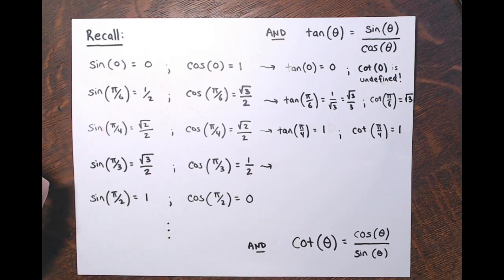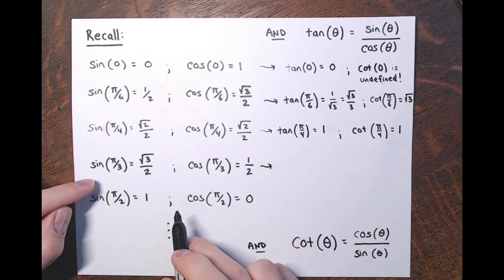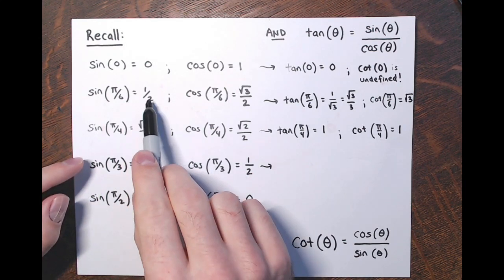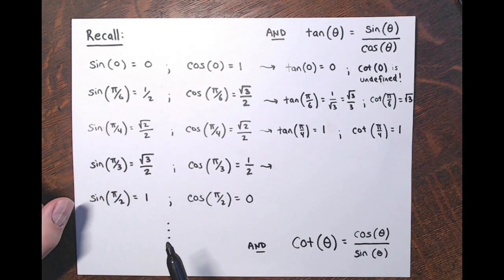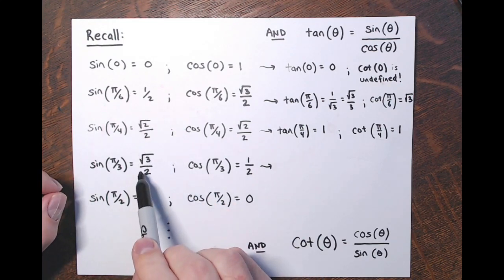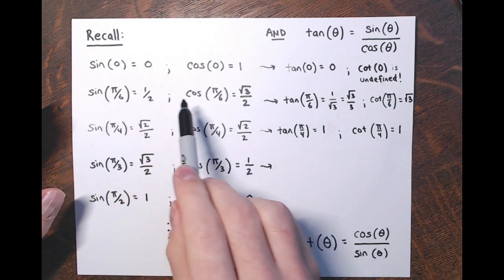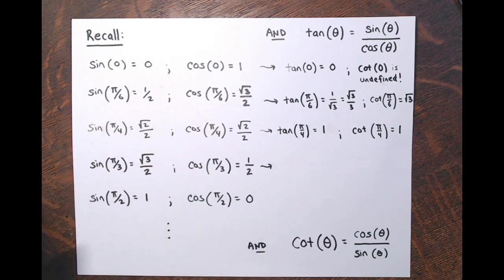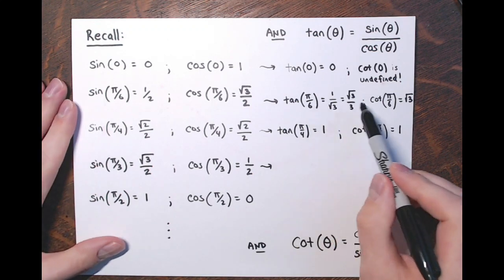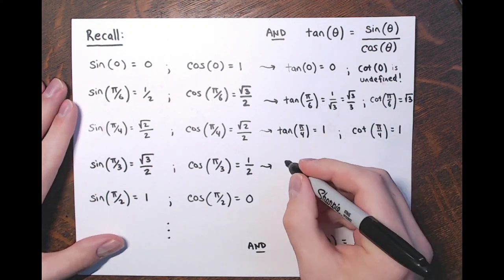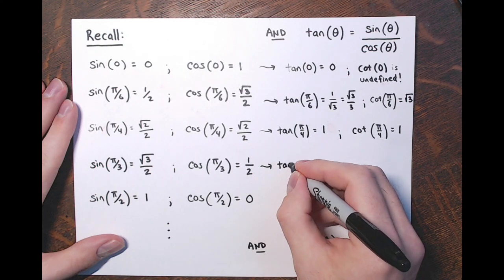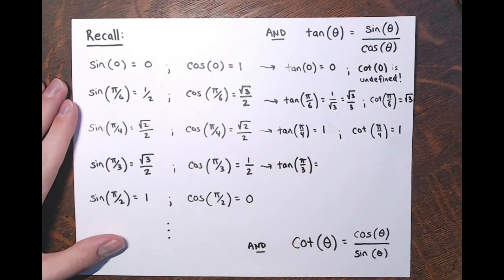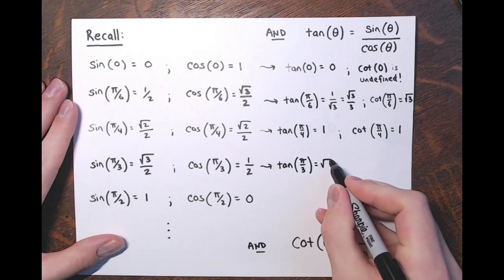And for pi over 3, notice it's just the reverse of pi over 6. For pi over 6, the sine was a half and cosine was square root of 3 over 2. It's the other way around for pi over 3. So just reverse for pi over 3 what you had for pi over 6. So the tangent of pi over 3, the tangent of 60 degrees, is the square root of 3.